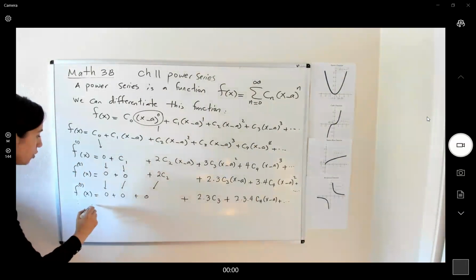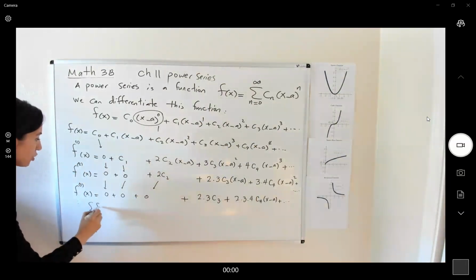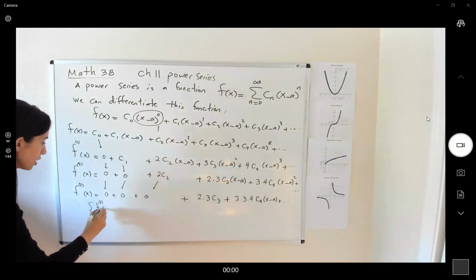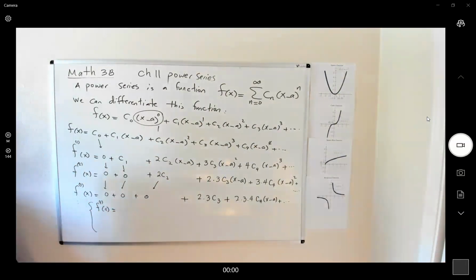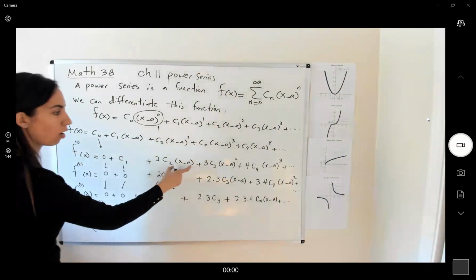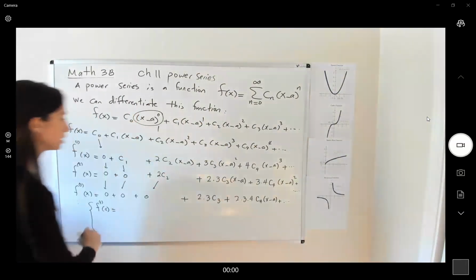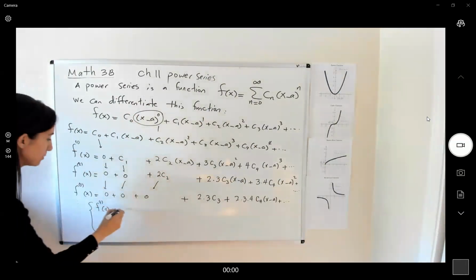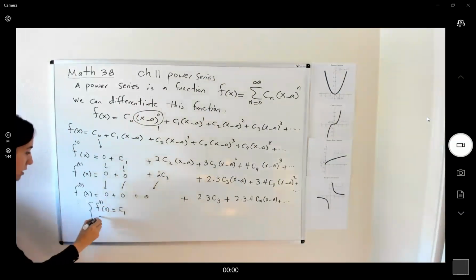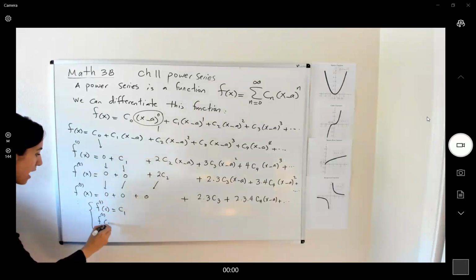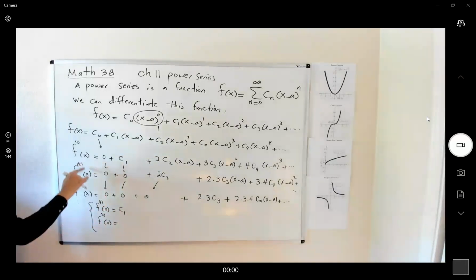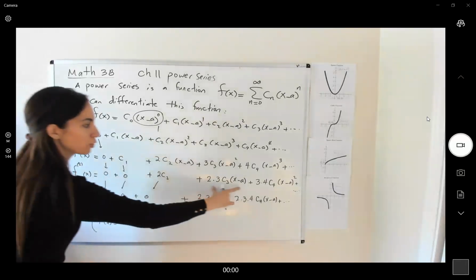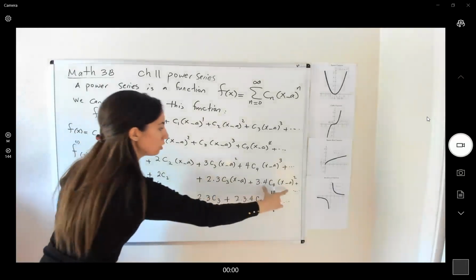So notice that the first derivative of the function at a, if you plug in a, all these terms are going to be 0. The only term left is the constant c sub 1. The second derivative of the function at a, if you plug in a, this is 0, this is 0.